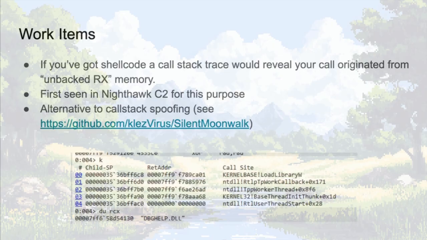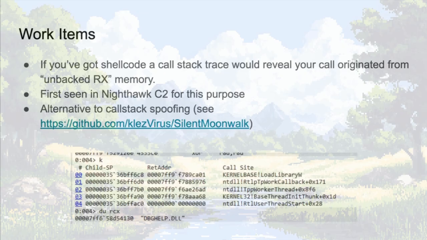When we queue load library to them, it'll have a completely clean call stack, as opposed to calling load library from shellcode, which would not have a clean call stack. So in this example, we can see by reading the parameter RCX, which is the first parameter of the argument in the x64 calling convention.